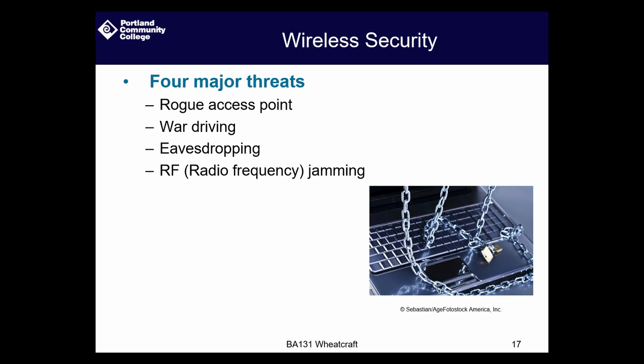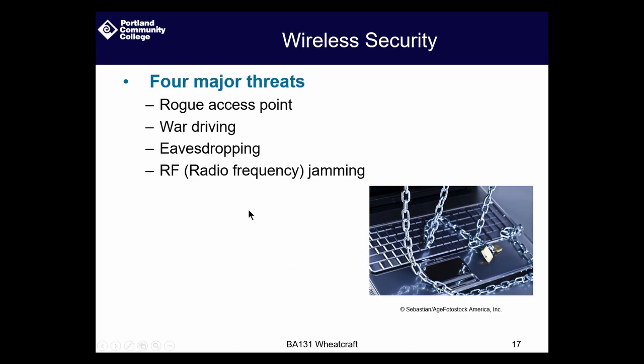And so they can create a signal that's so strong and scrambled that it swamps out your wireless and you can't get anything through. Think of it as just like with the DDoS attack, where you prevent someone from accessing the internet. This is the same thing with radio frequency, with the actual wireless waves that are used to transmit the information. You can block it by having this really powerful transmitter.